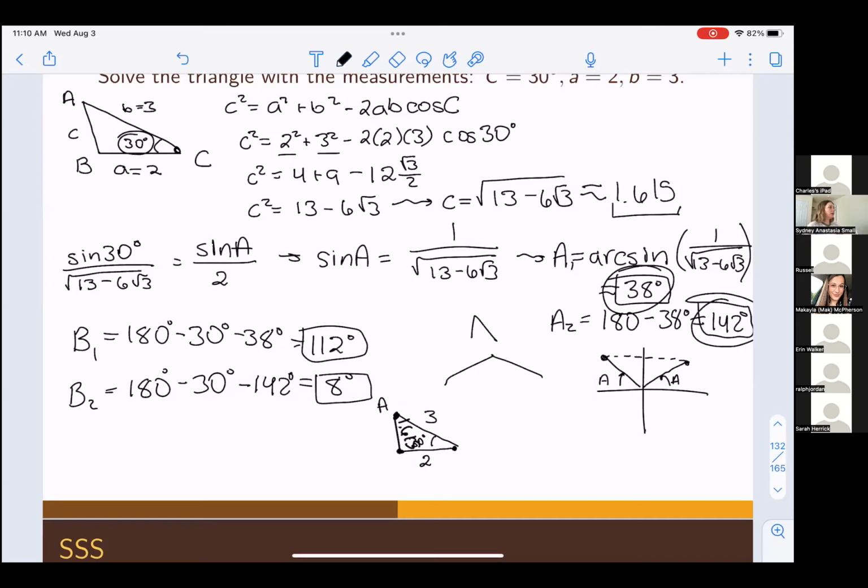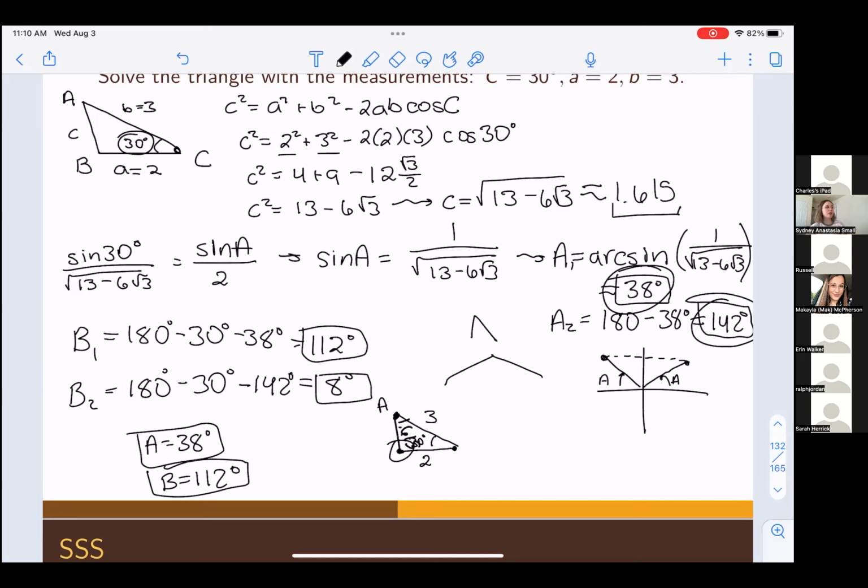A is clearly not 142 degrees. So the only solution that makes sense is that A equals 38 degrees, and then B is 112 degrees. You could have also looked at angle B right here. That is clearly not even close to an 8-degree angle.